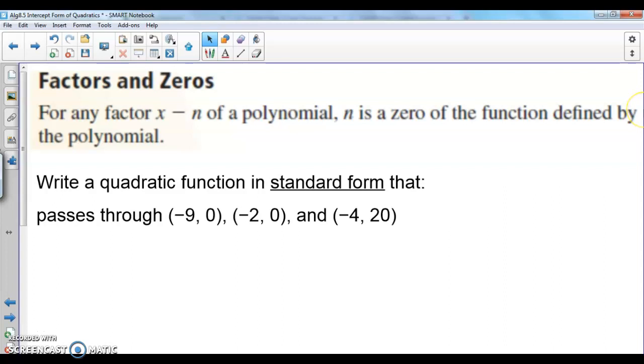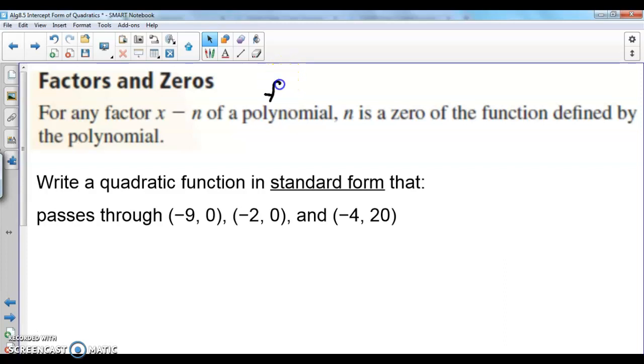So knowing how to use the intercept form of quadratics is very important because it has a lot of applications, not only in Algebra 1 but when you move up to Algebra 2.